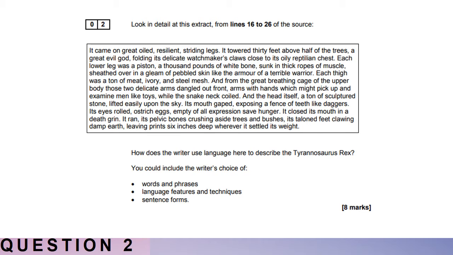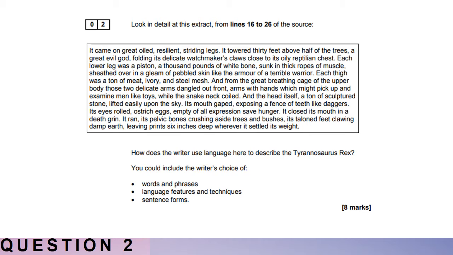And from the great breathing cage of the upper body, those two delicate arms dangled out front, arms with hands which might pick up and examine men like toys, while the snake neck coiled, and the head itself a ton of sculptured stone, lifted easily up on the sky. Its mouth gaped, exposing a fence of teeth like daggers.